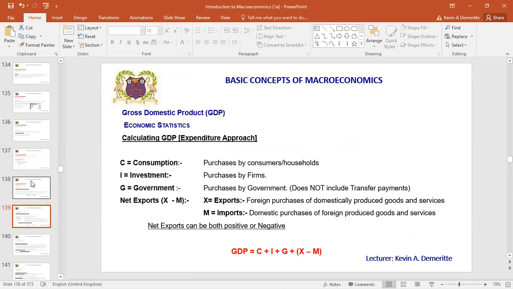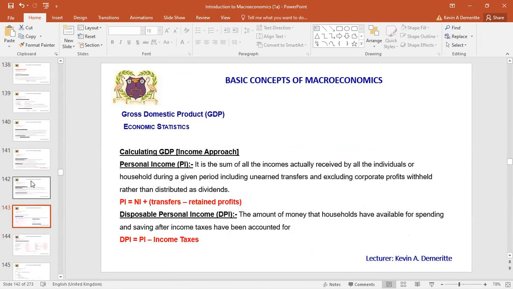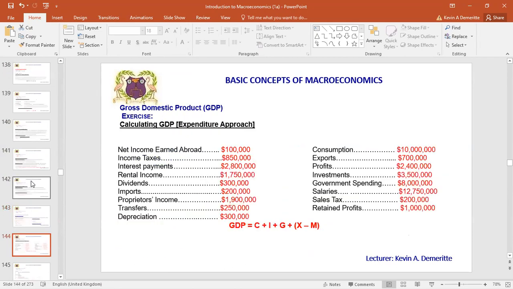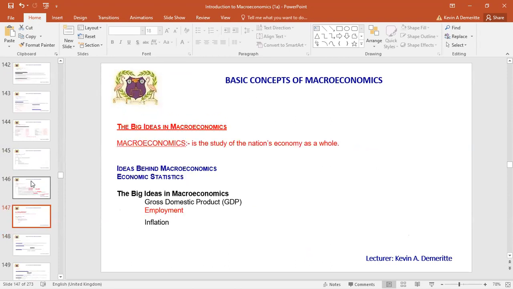Oh, okay. And M is imports. So when you're looking at your table, then you're looking for exports. In this case, it's the table on the right, which is 700,000. Right. Imports, which is on the left, which is 200,000. Okay, thank you. No problem.